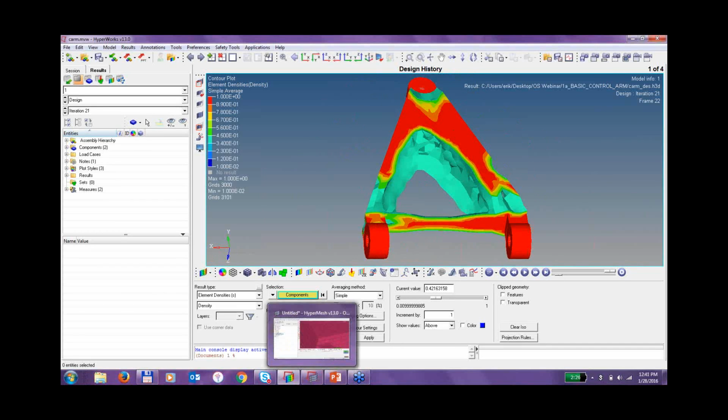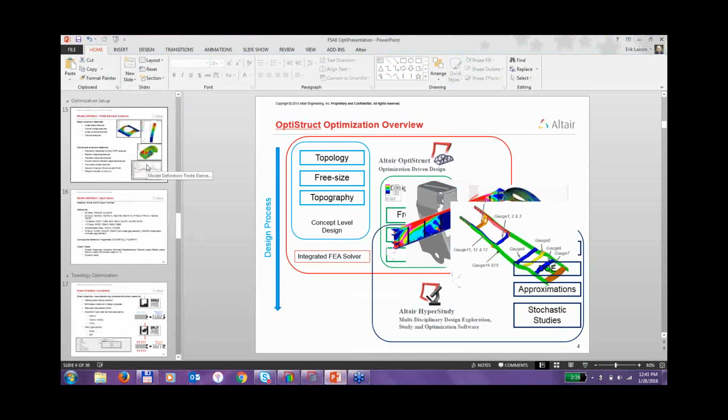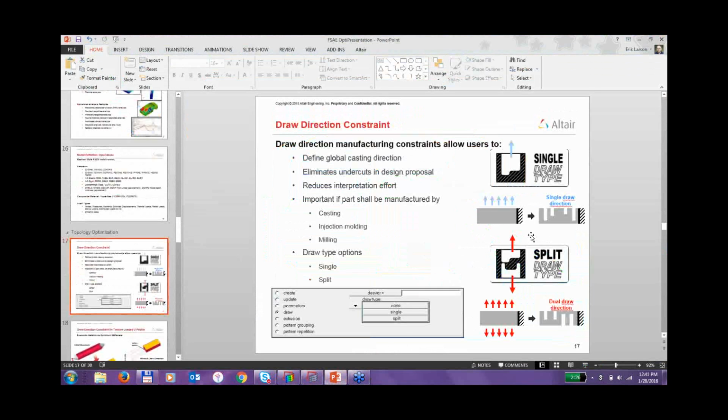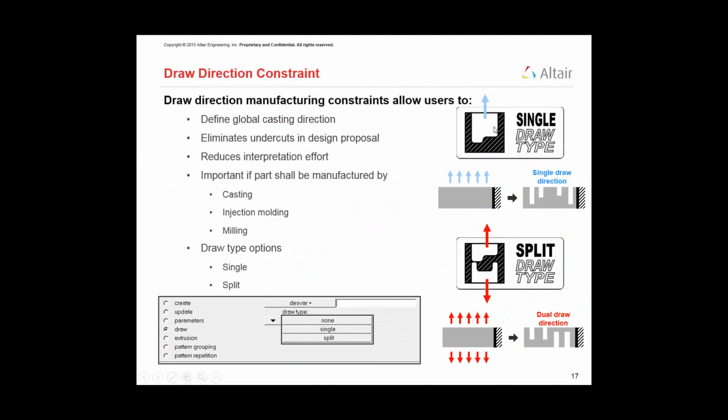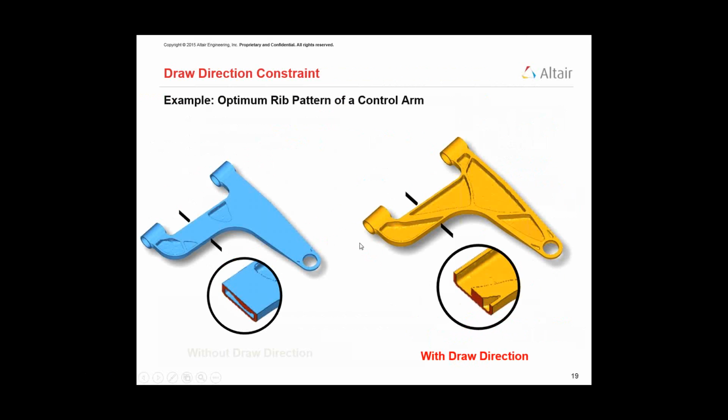So what we can do is add what we call manufacturing constraints to it. Manufacturing constraints are an indication of draw direction, either single or split. We'll look at it in this slide here: without any manufacturing restrictions, we end up with hollows on the inside of this part, which would be the optimized design.